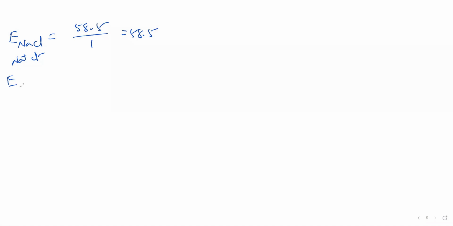Next, equivalent weight of Al2(SO4)3. It is 342. Check it once, and total charge: 2 Al plus 3, 3 SO4 minus 2. So this is plus 6, this is minus 6. In either case, it is 6.